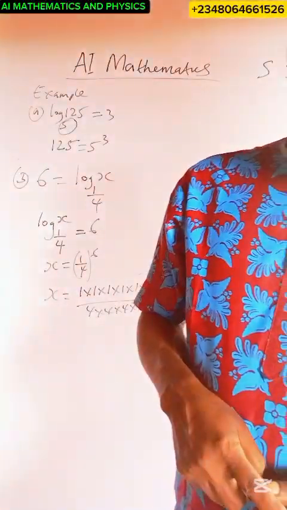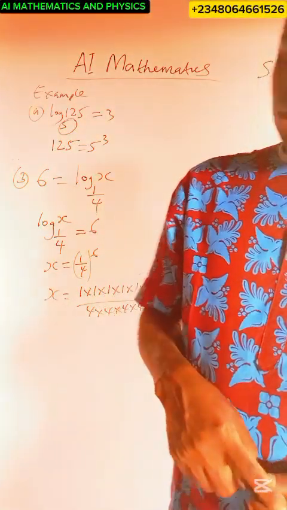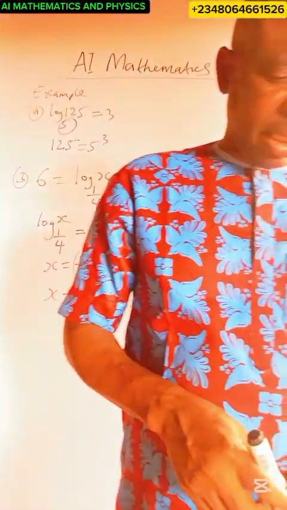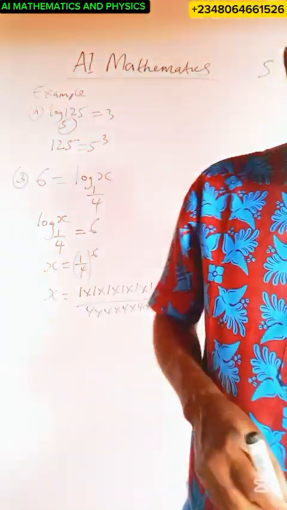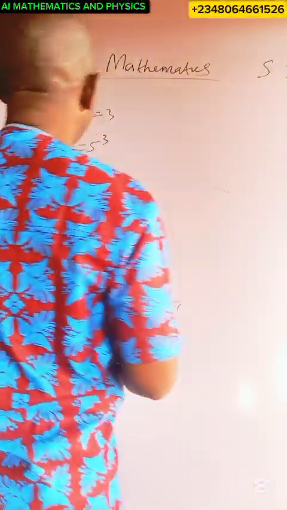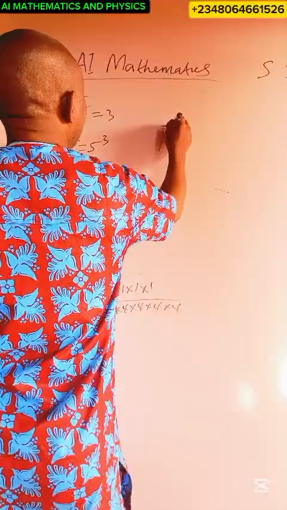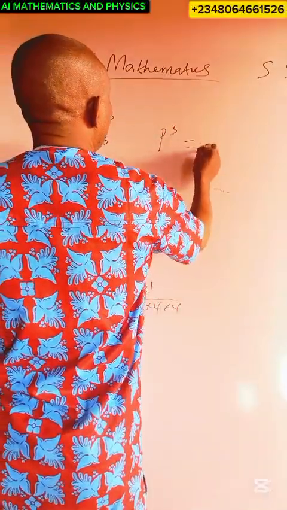Now, you can also convert from index to logarithm form. Let's say we have p raised to power 3 equal to m.